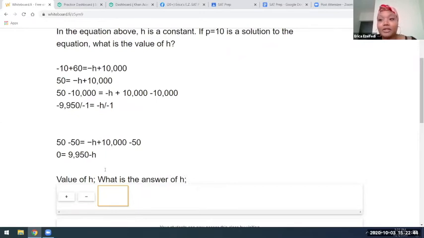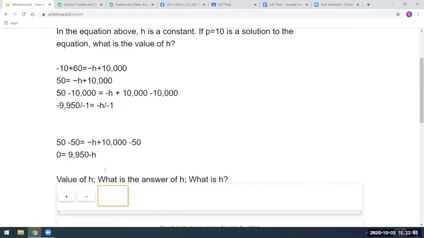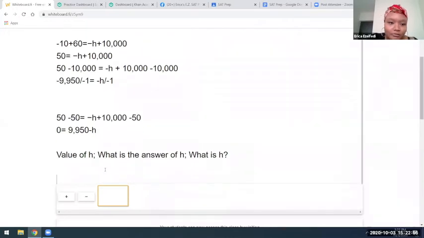Or I'll give you another, slightly simpler one. What is h? That makes sense? Okay. So now, what is h? When we say is, that means is the same as equal to.